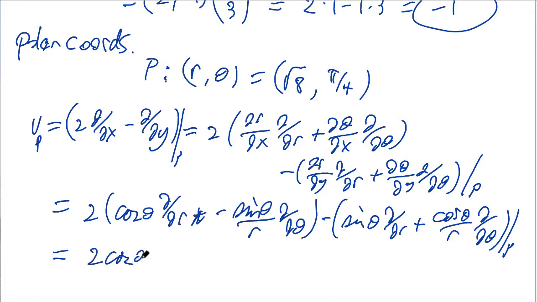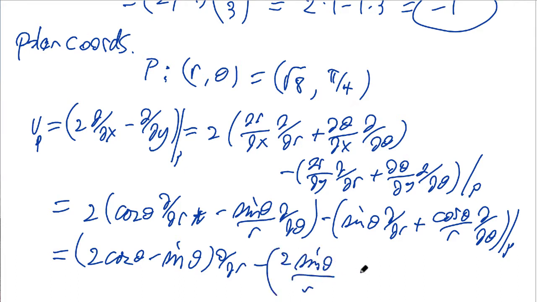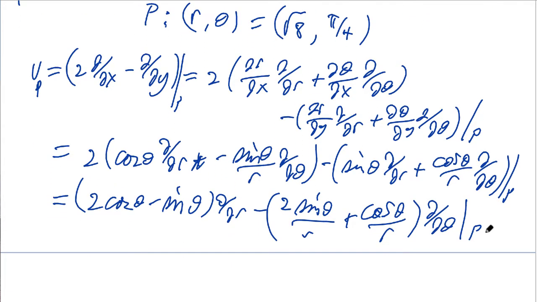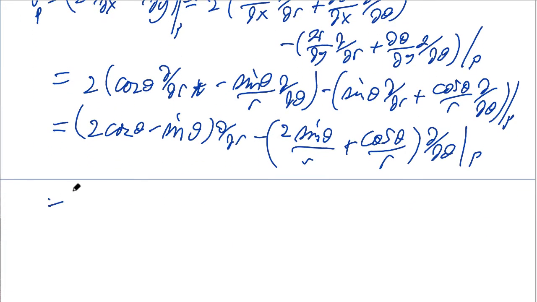2 cosine theta minus sine theta d by dr, minus 2 sine theta over r plus cosine theta over r d by d theta, all of this evaluated at point P. At point P, cosine theta is 1 over square root of 2, and sine theta is 1 over square root of 2.